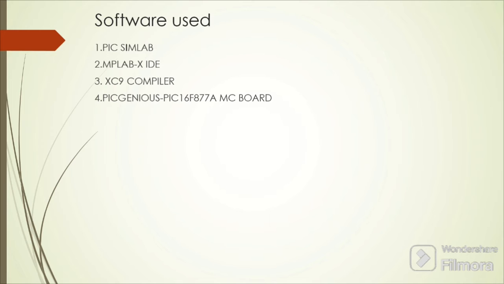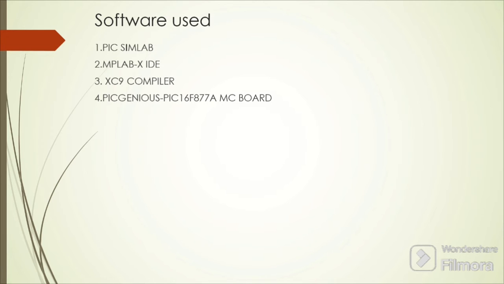We can implement our project in a virtual way. There are so many types of microcontroller boards provided by this software. There are so many boards provided by the software, and the MPLAB IDE we use for writing the program and compilation for the PIC16F877 microcontroller. So these are all the software used in this project.